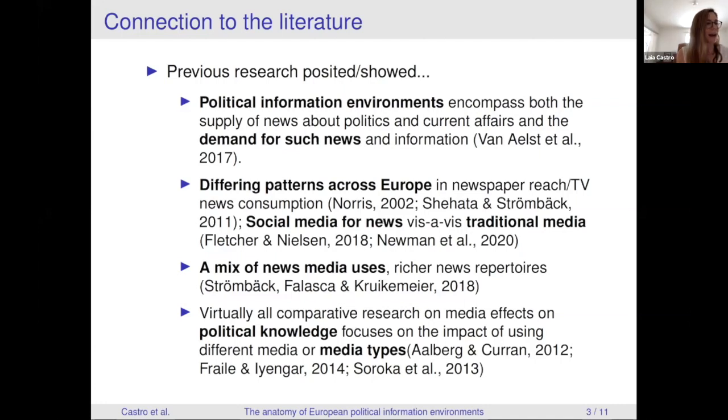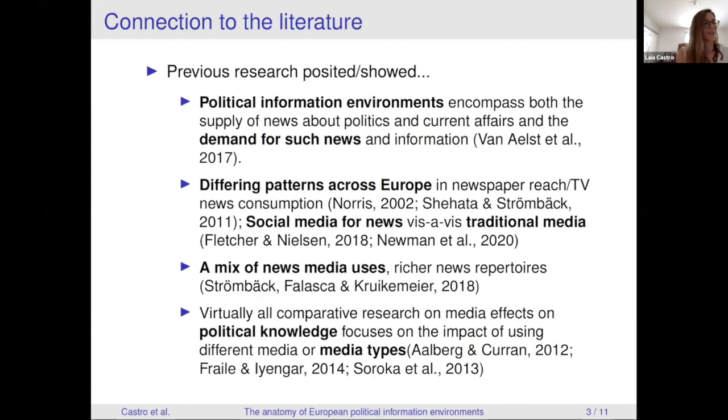As Van Aelst argued, a demand-driven approach is all the more needed in high-choice media environments in order to elucidate how effective different media architectures are in making available, conveying, and also ultimately allowing citizens to process and recall relevant political information to make political decisions.